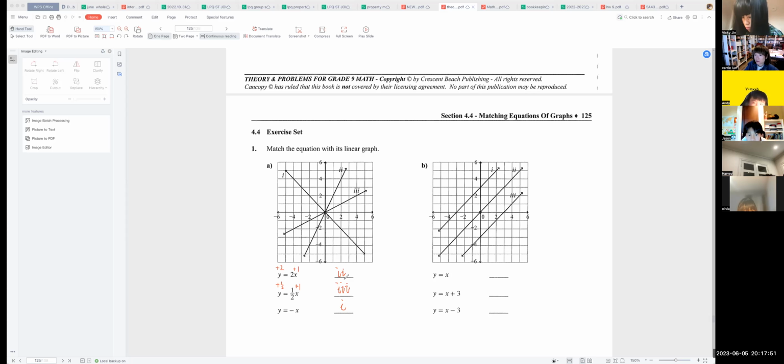Very good. Understand, everybody? Now I think you understand better. So let's take a look at number B: y equals x, y equals x plus something, and y equals x minus something.